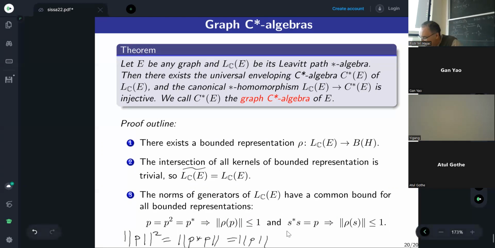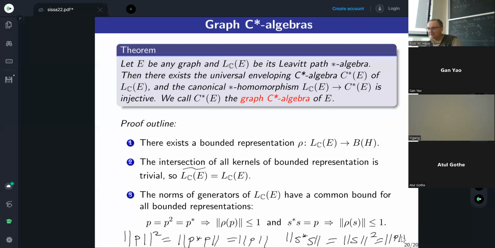In much the same way, if I write down the norm of s star s, it will be the norm of s squared, but it's of course the norm of p. So the norm of s is the square root of 1 and 0, again 1 or 0, nothing else. So it's bounded. That part is trivial.